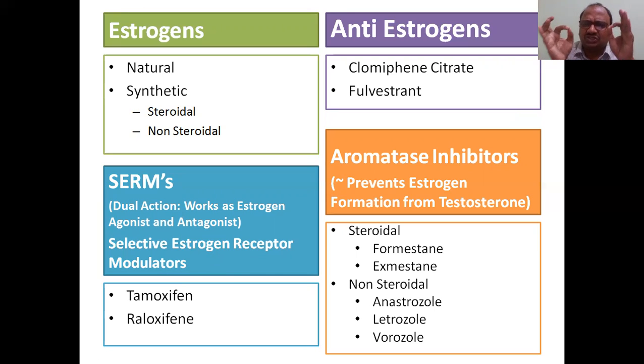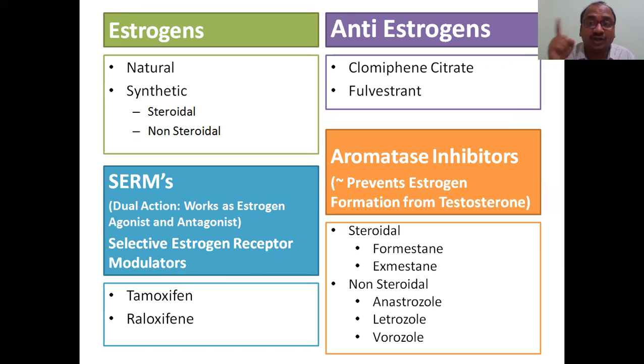Keep in your mind, estrogens do good for the body and also bad for the body. Whereas the SERMs work only for the benefit of the body. Whenever estrogen does good, the SERM acts as an agonist.